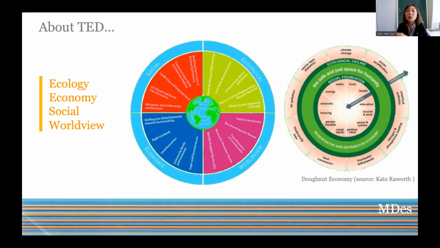Then we can link to the theory of ecology and also economy. Ecology and economy have the same root; originally the meaning is about the home. So we're going to understand ecology together with the distribution of the economy, who is living there, and what kind of societies are there. So we need to understand the social aspect.